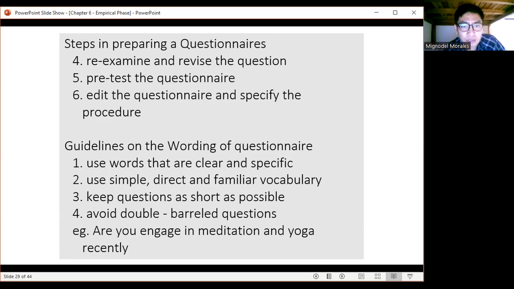Guidelines in wording of the questionnaire. Number one, use words that are clear and specific. Our questions should be clear. Then use simple, direct, and familiar vocabulary.